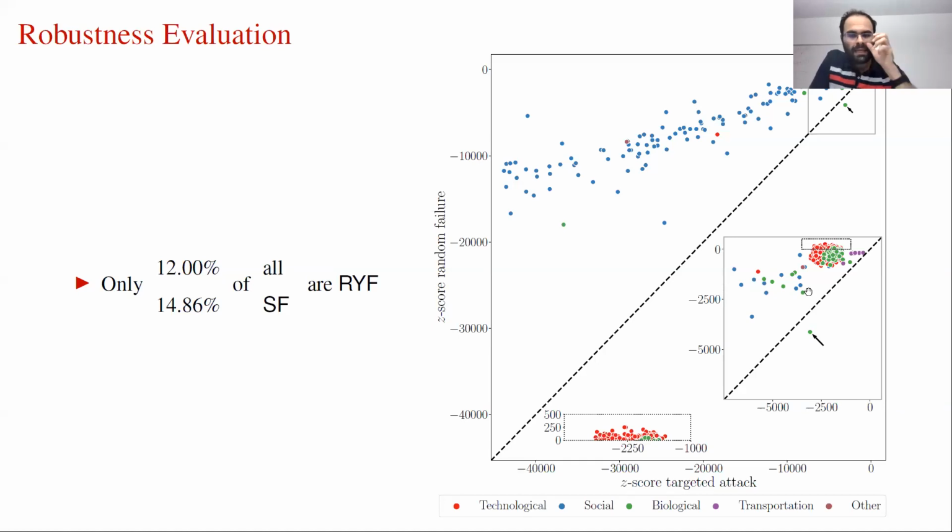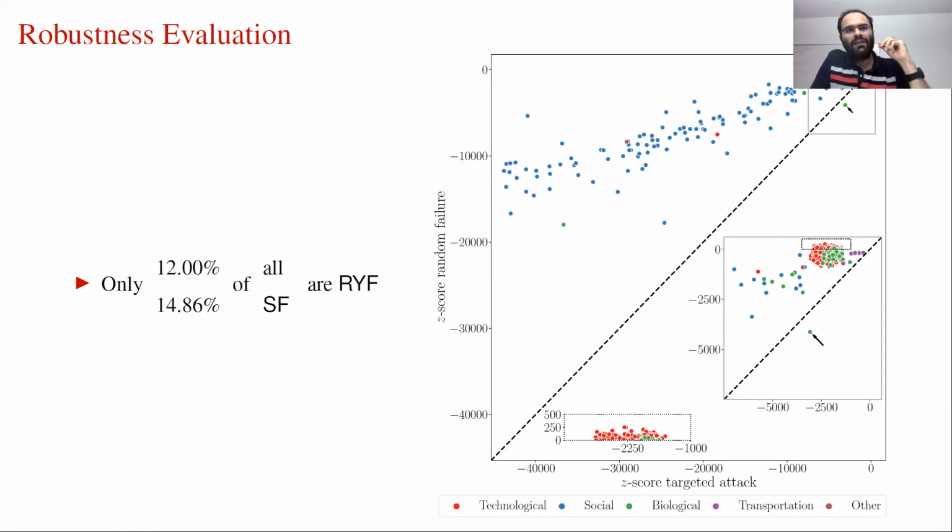And this shows us that almost all networks in our collection are more sensitive to targeted attacks than they are to random failures because of falling above this identity line, except for one network depicted by the black arrow. And this one network is actually the Collins yeast interactome.